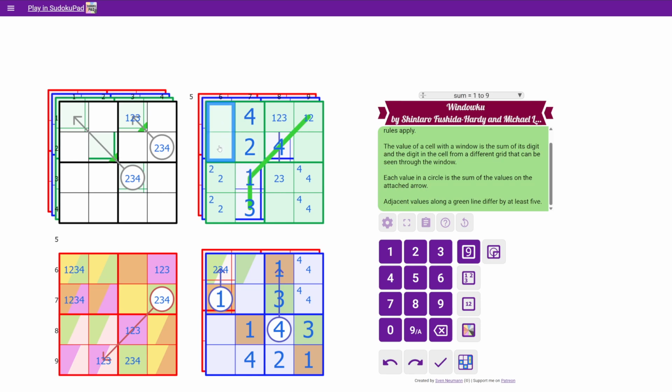Nice. This is going to be a 1, 3, and a 2, 4. Like such. One will go down here. Okay. 3 goes there by Sudoku.